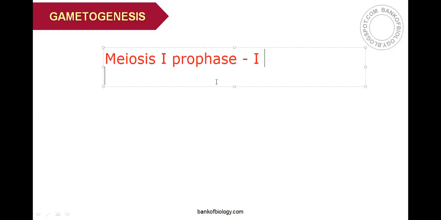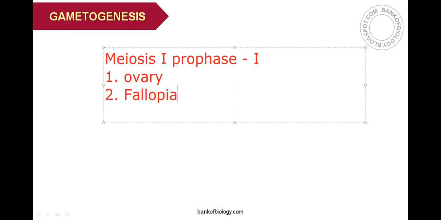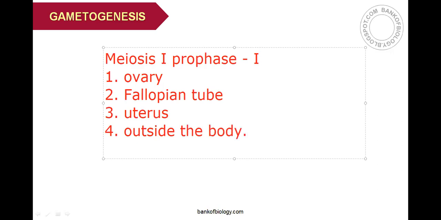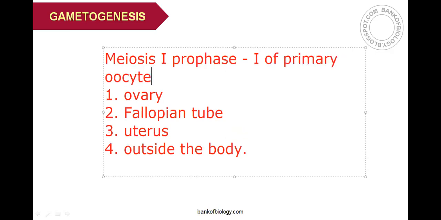Okay, I think you didn't understand what I am saying. ऑप्शंस देंगे आपको, ऑप्शंस देंगे. Ovary, fallopian tube, uterus, outside the body. क्वेश्चन पूरा लिख रहे हैं हम.